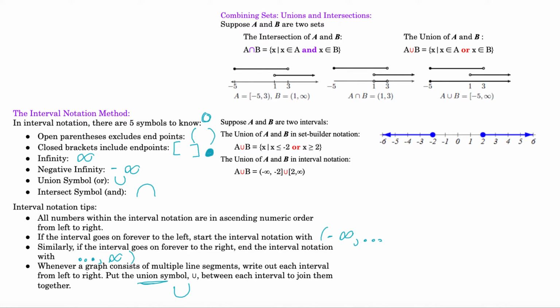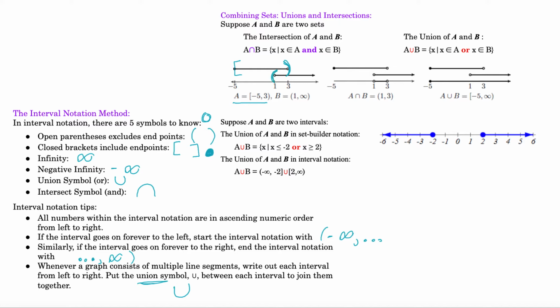So some examples if we want to combine some sets here. Let's look at the intersection of A and B. If I first write out A, it is between -5 included, so notice I have the closed circle, so -5 to +3, and +3 has the open circle, which is why it has the open parenthesis. And let's let B be the interval between 1 open circle to infinity.